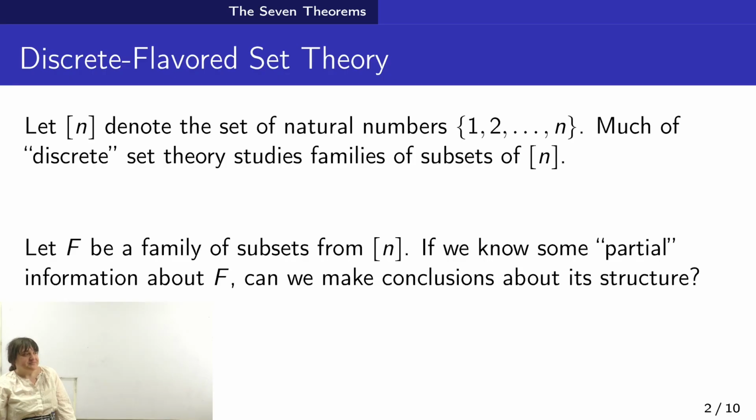And much of set theory on the discrete side says, okay, if you have a family of subsets of some set here, what can we kind of infer about its properties and structure if you have just some partial information about it, such as the size of the family, some information about how certain elements in the family intersect, things like that.